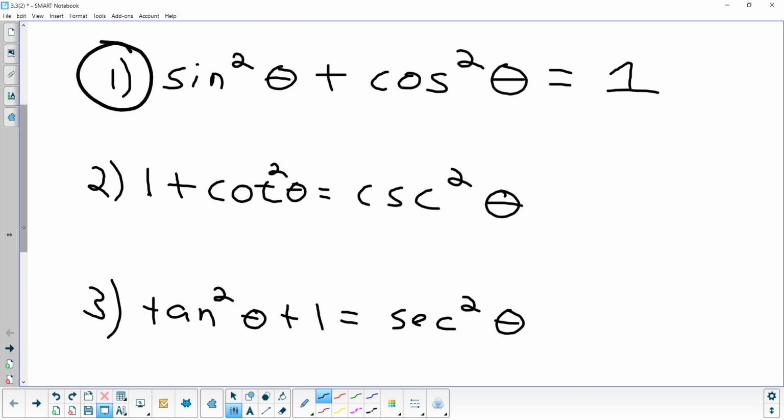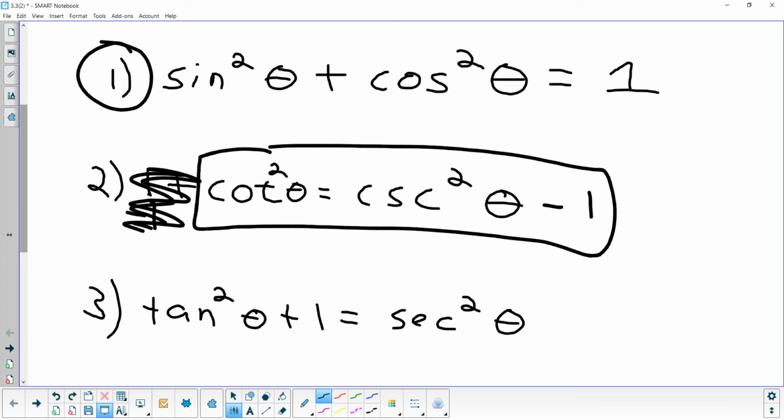Yep. It's the second identity. What would you do to this to make it look like what we have? Minus 1 from both sides. If you subtract 1 from here, that's gone. And if you subtract 1 from here, now you have this.